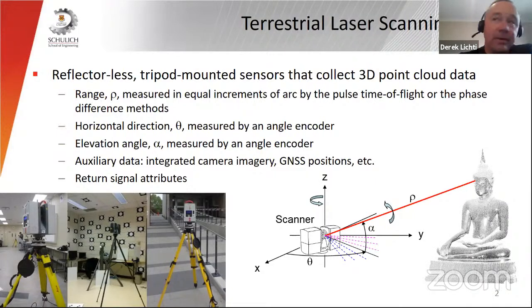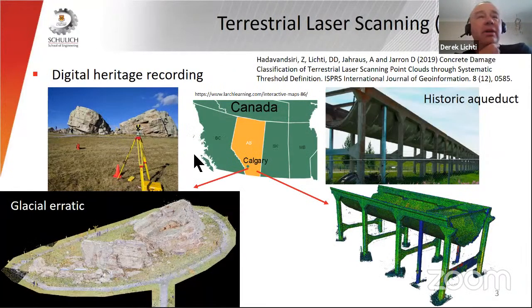In terms of reality capture applications, my group has been involved in a few over the years, in particular some in digital heritage recording. Here are 2 examples from southern Alberta, where I happen to live. The one on the left is a glacial erratic, a large quartzite boulder transported to an area south of Calgary during the last period of glaciation.